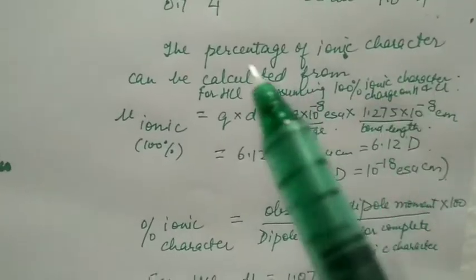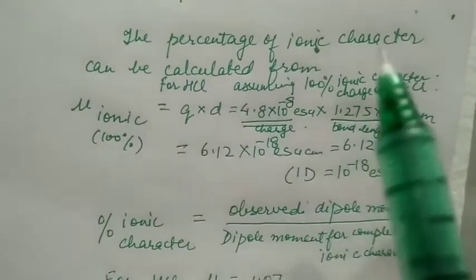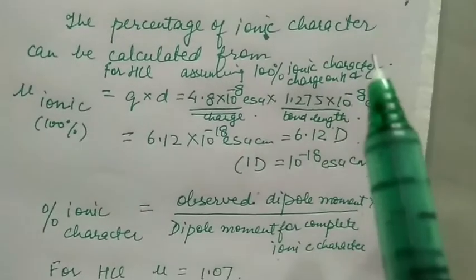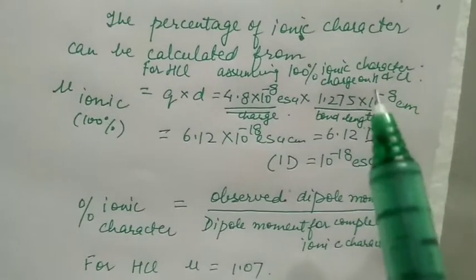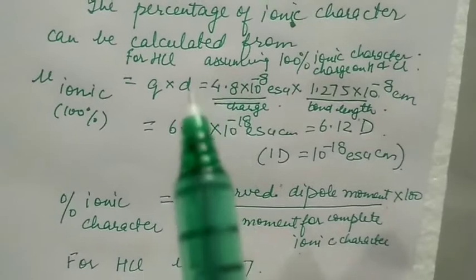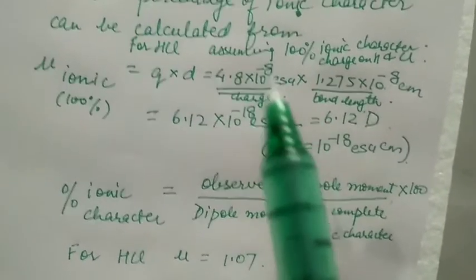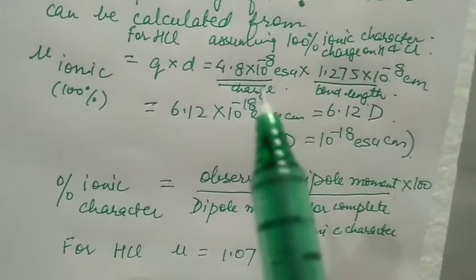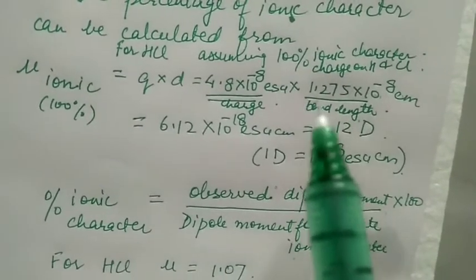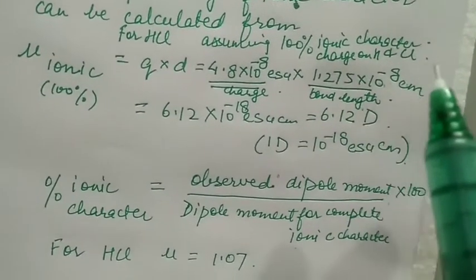For example, for HCl, if we assume 100% ionic character, then the charge on hydrogen and chlorine will be 4.8 × 10⁻¹⁰ electrostatic units. The bond length is found to be 1.275 × 10⁻⁸ cm.